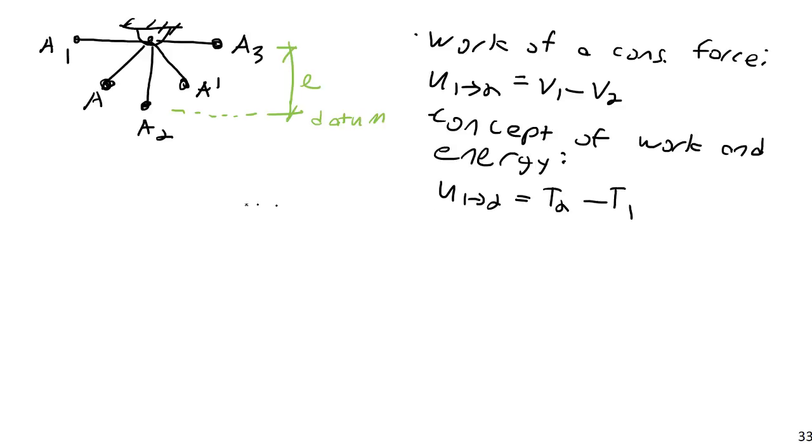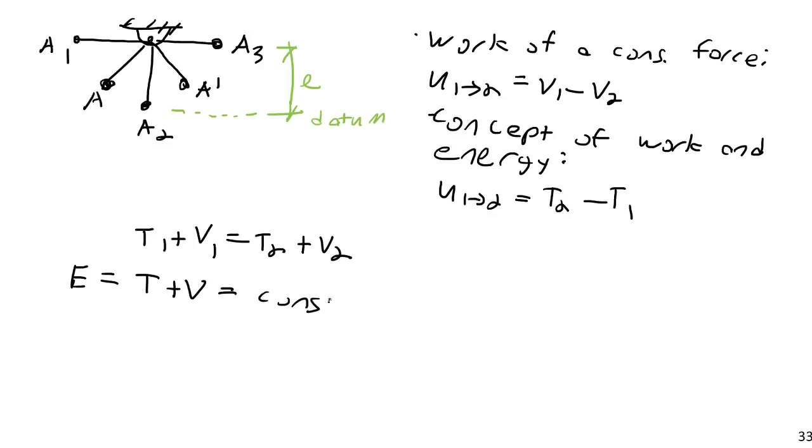So it follows that if I combine these together, T1 plus V1 equals T2 plus V2. Or I can simply say this thing has a total energy E that will be equal to T plus V, the kinetic energy plus the potential energy, which will be a constant.